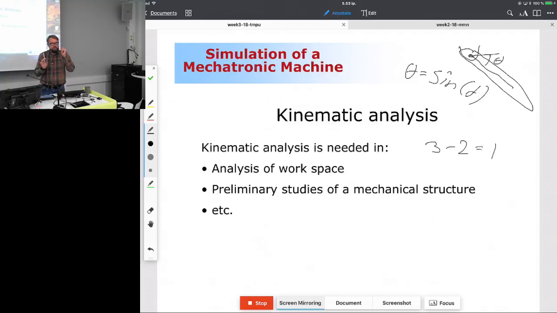So then I have 3 constraint equations and 3 unknowns. Remember that generalized coordinates are the unknowns. Those are the things we want to solve for because they will tell us the configuration of the system. We have all the information because we have 3 equations and 3 unknowns. So it means that we have a set of nonlinear equations and we have to solve it.